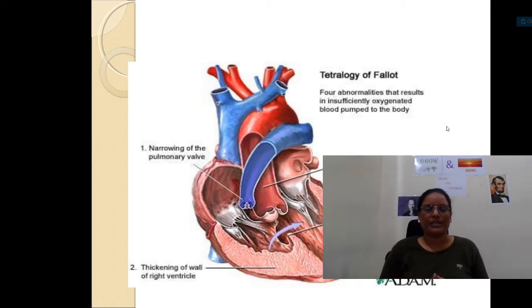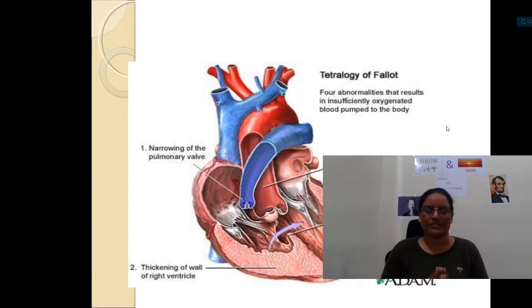As you know, the left ventricle provides oxygenated blood to the aorta for systemic circulation, and the right ventricle has blood with less oxygen, deoxygenated blood. Both bloods mix, the aorta receives the mixed blood, and the mixed blood is given to the whole body.